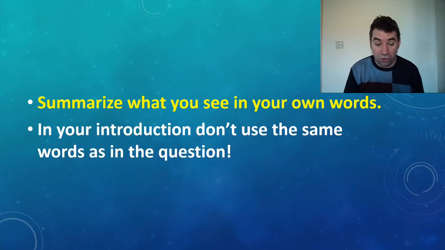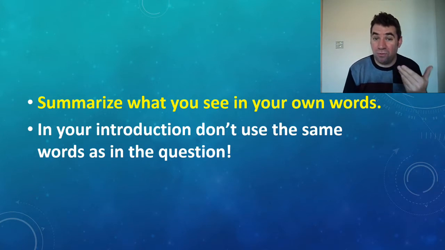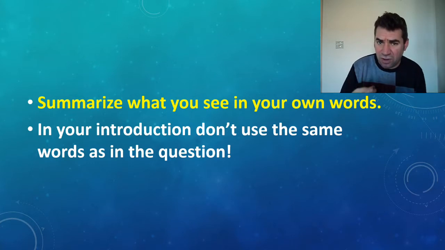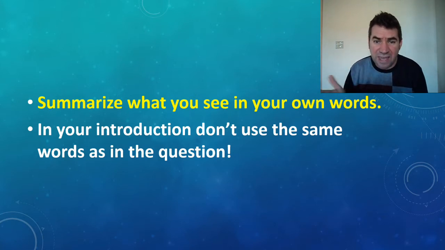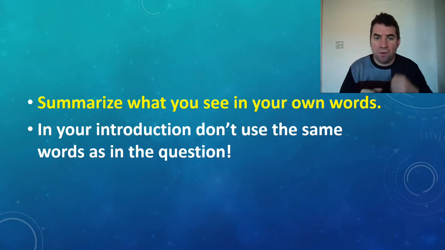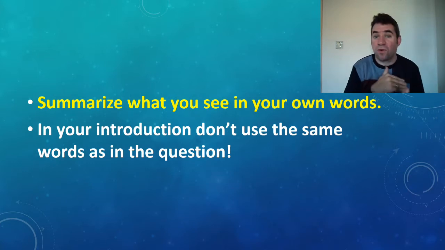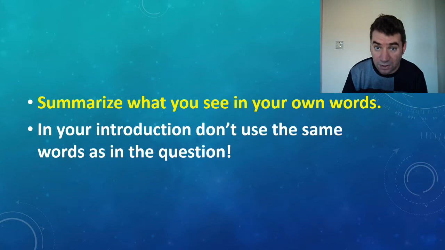What you've got to do is not use the same words that are in the question, because this is just showing language reliance. You've got to take what they give you, maybe put in a little bit of extra information, like including the years, or instead of saying from 1980 to 2000, say over a 20-year period. You've got to put it in your own words.